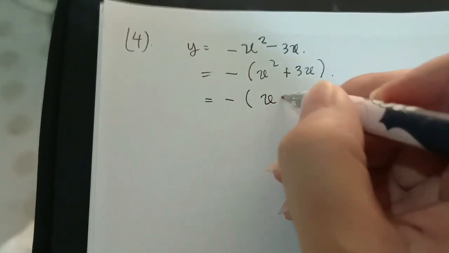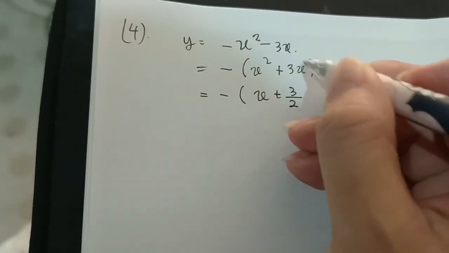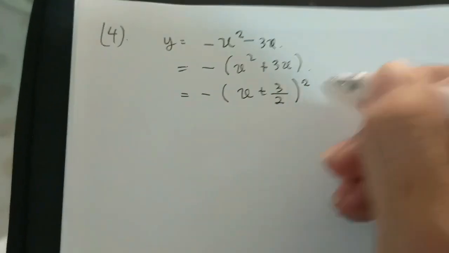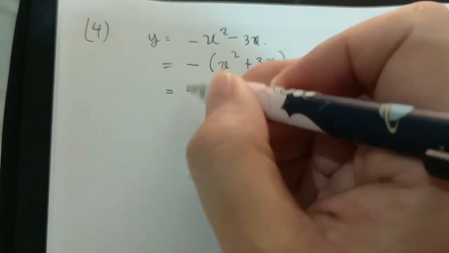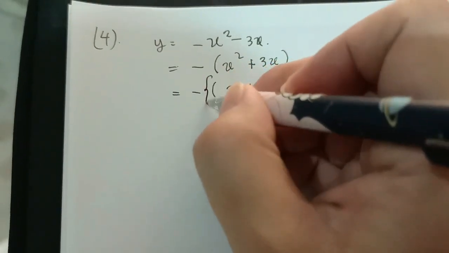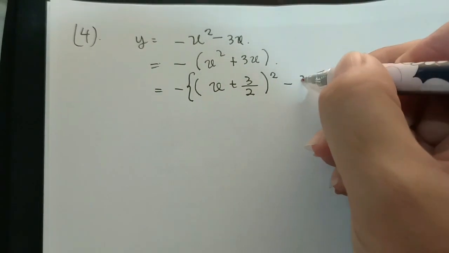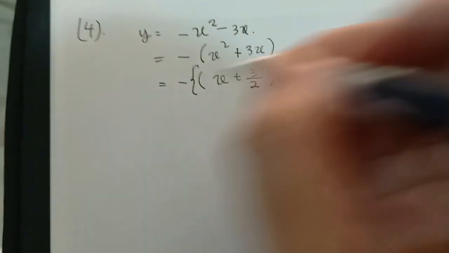Minus x plus 3 per 2. The x is gone, will be quadrat. Don't forget, because there is minus over here, there will be a bracket. And then minus 3 per 2 quadrat in the bracket.